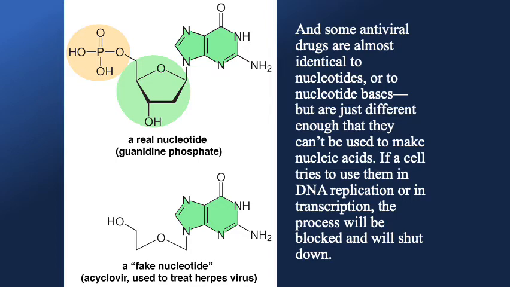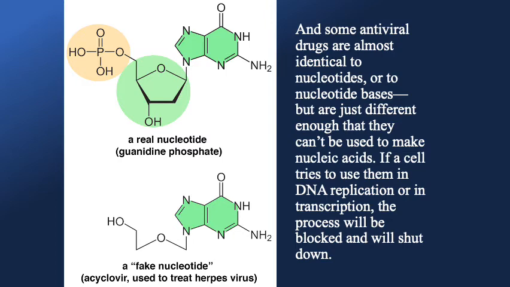If a cell tries to use this in DNA replication or in transcription, the process will be blocked. It would be kind of like sabotaging an industrial machine by feeding it the wrong parts to use. A cell that is filled with acyclovir is filled with fake nucleotides, and if it tries to use those, it'll shut down.